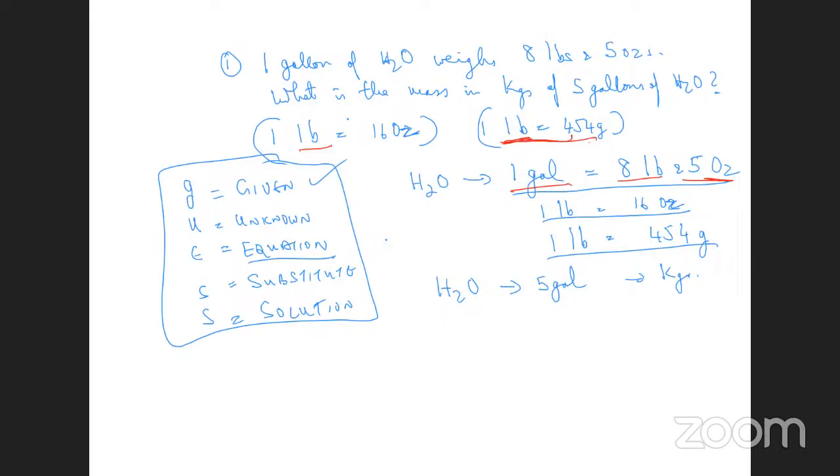So we must convert these 5 ounces to pounds and add to that. It's going to be a decimal value because 1 pound means 16 ounces. So 5 doesn't have 16, so it has to be less. We'll use our dimensional analysis first to find how we could express these 5 ounces in pounds and add to this.